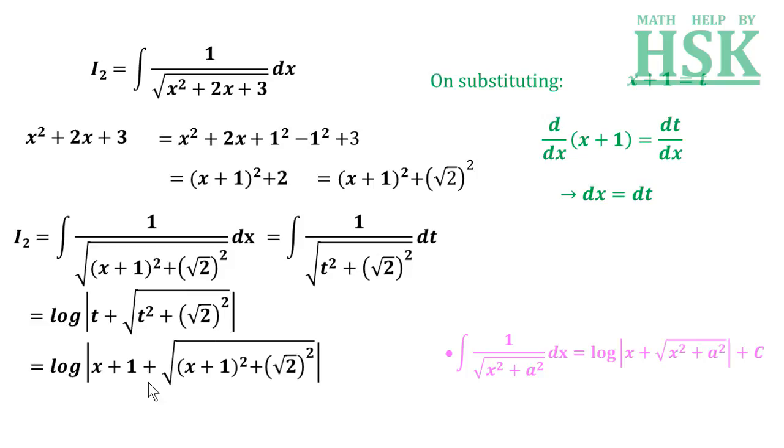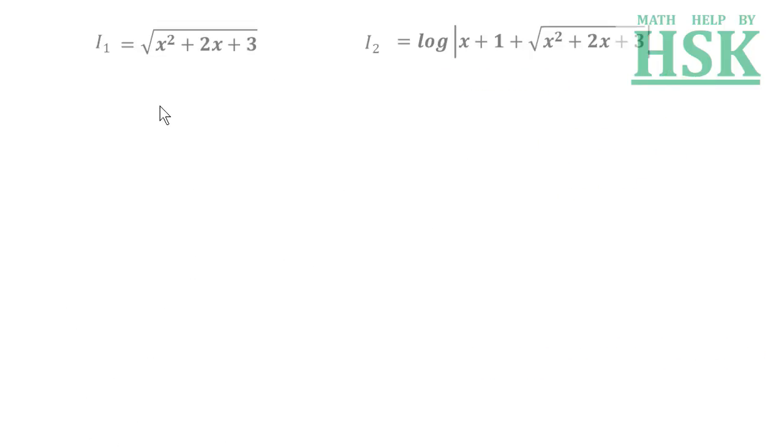Replacing the value of t, I am going to get log of x plus 1 plus square root of x plus 1 whole square plus root 2 square. This value is equivalent to x square plus 2x plus 3. So replacing, I get I2 as equal to this much. Okay, now taking the value of I1 and I2, we had to integrate the function x plus 1 upon square root of 4x minus x squared dx.